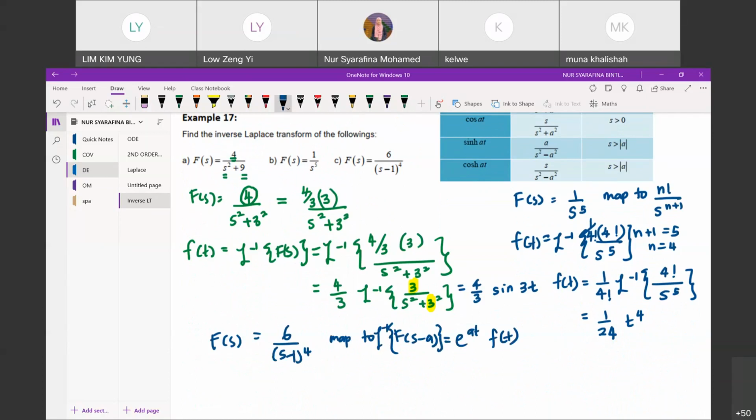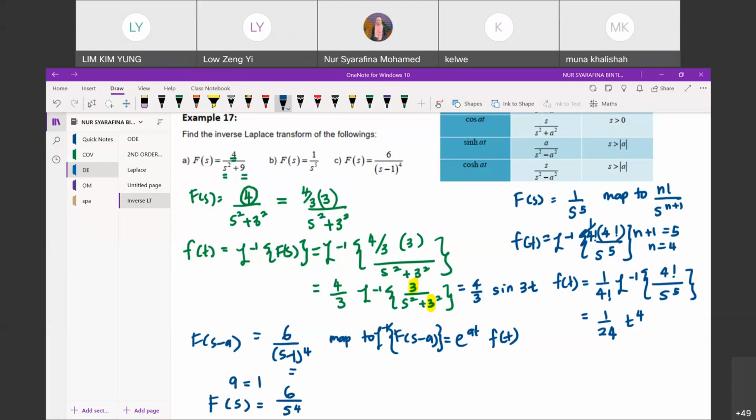So as you can see, if F(s minus a) is 6 over s minus 1 to the power of 4, then your a equals 1 here. And if a equals 1, then F(s) equals 6 over s to the power of 4.